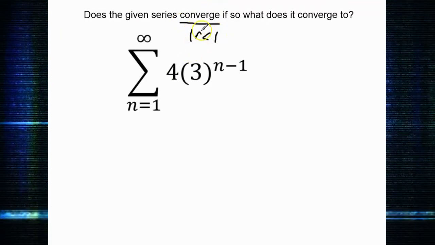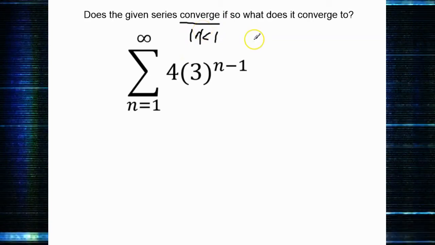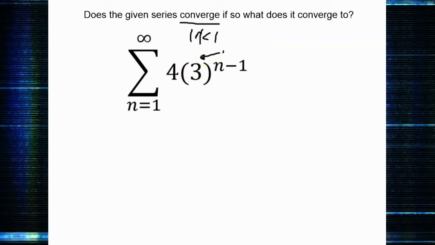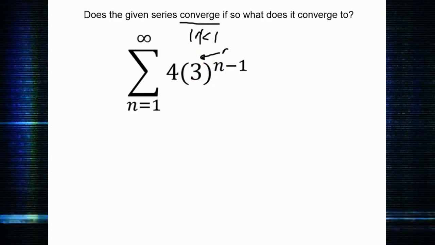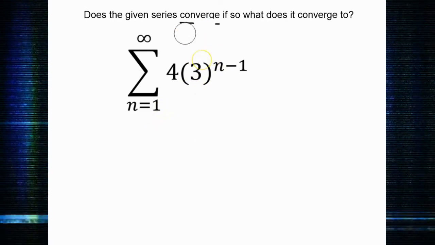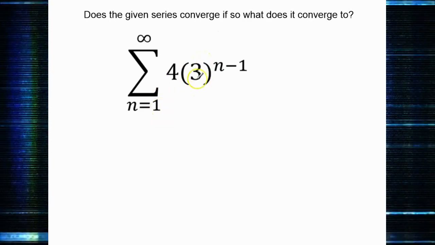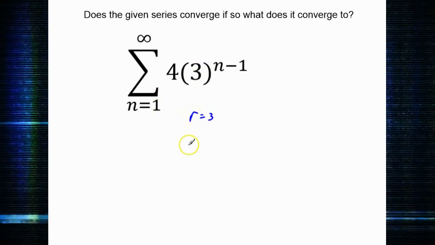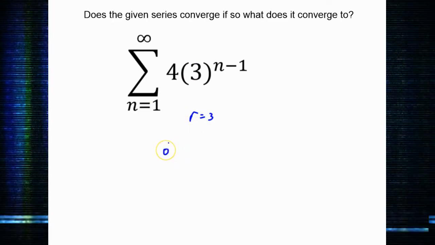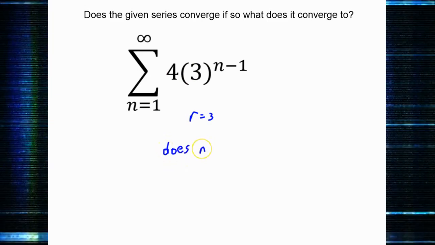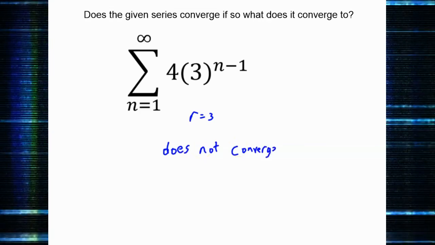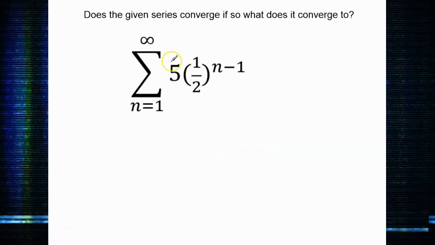Technically, it should be the absolute value of the R value is less than 1, so 3 or negative 3 would be the same problem in terms of convergence. Because 3 is greater than 1, this series does not converge. A geometric series only converges if the R value is less than 1.